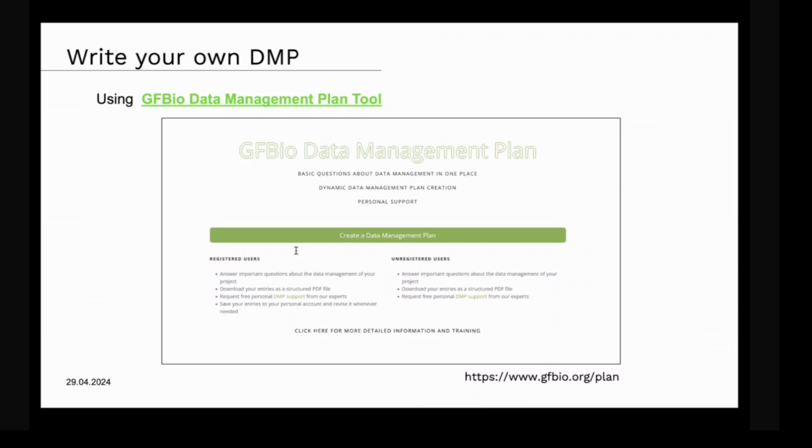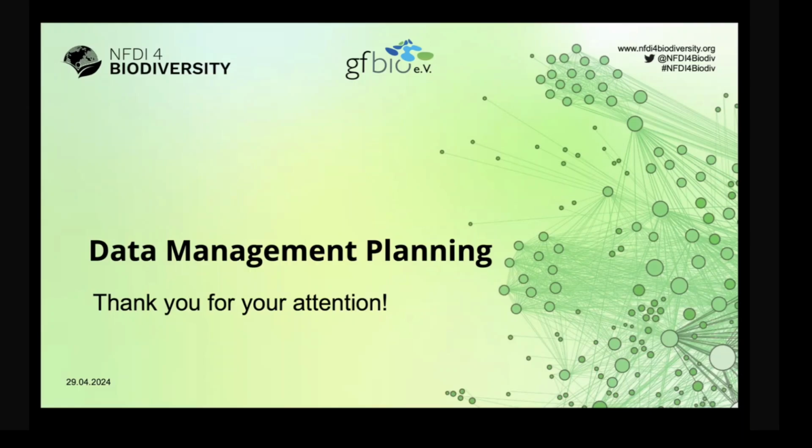So this service already runs since 2016-17, I think. And we've made a few updates. It's tailored towards biodiversity very strongly, but again, we've done also work together with some social science and biodiversity combinations.